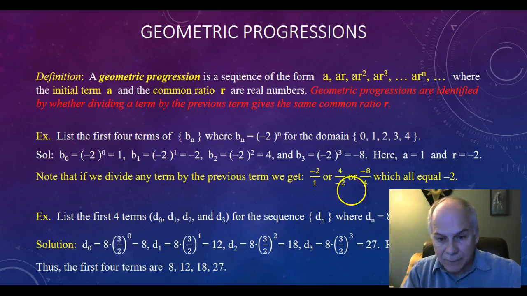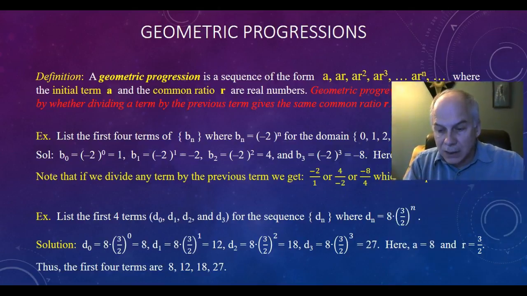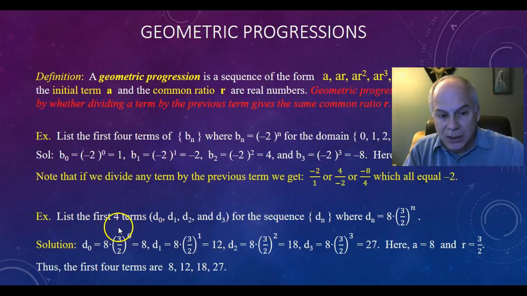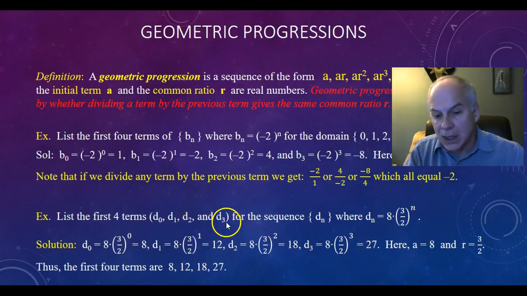Okay? Now, in the last example on the page, list the first four terms, d0, d1, d2, d3, for the sequence d sub n, where d sub n is 8 times 3 over 2 to the nth power.